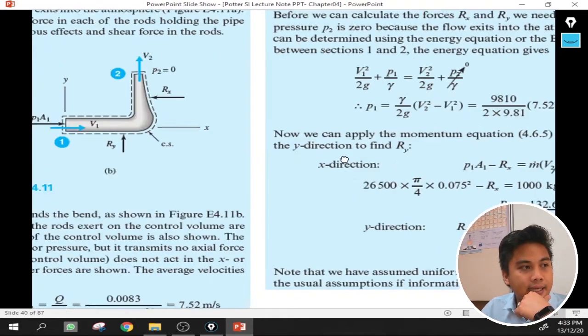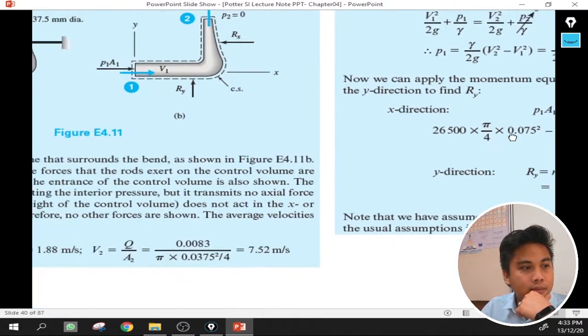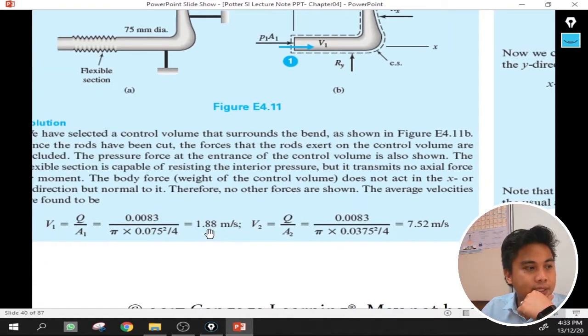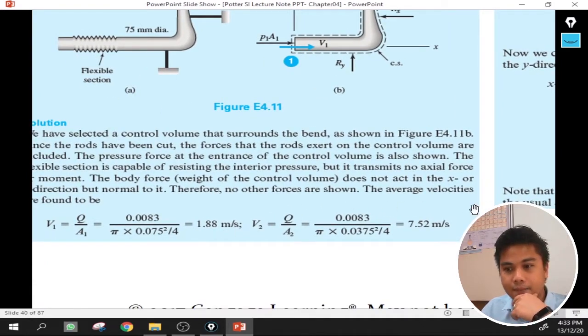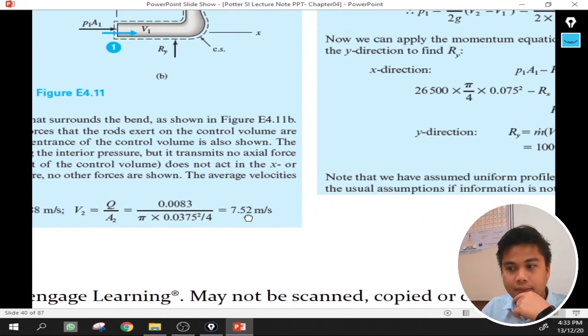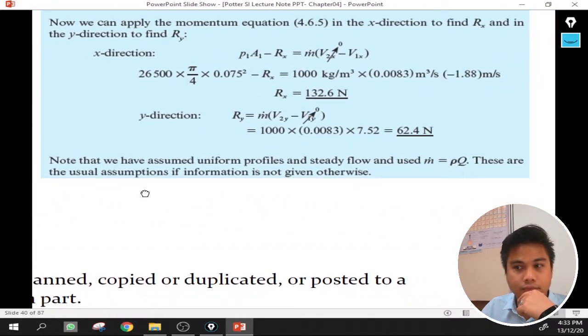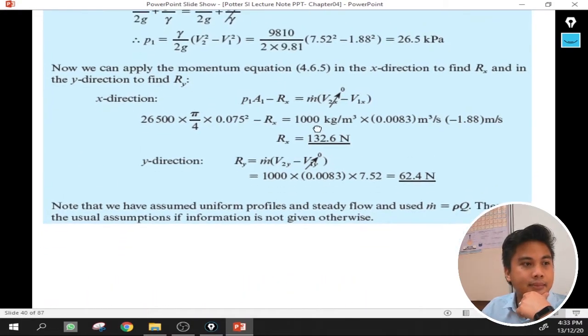Minus V1x. V1 we have calculated before, which is 1.88. Then you simplify the equation, and you get the reaction force Rx, the X component, is 132.6 Newton.